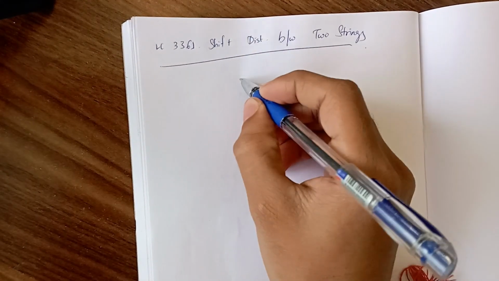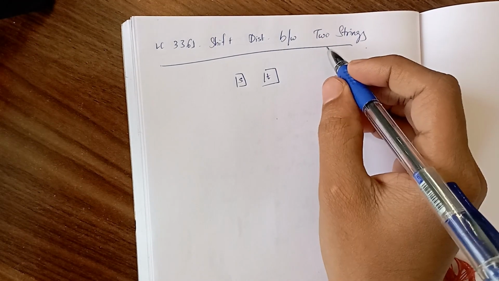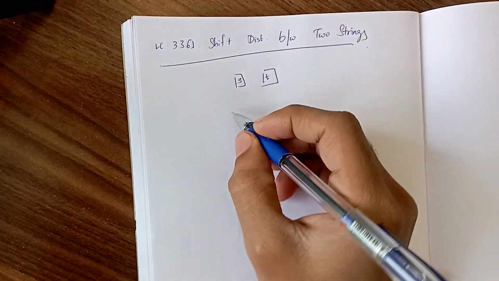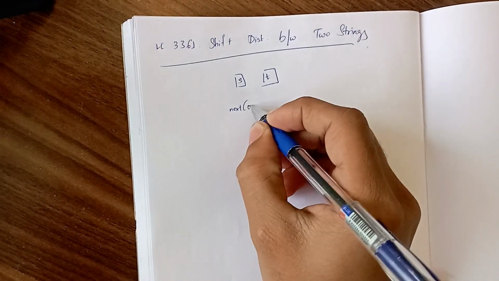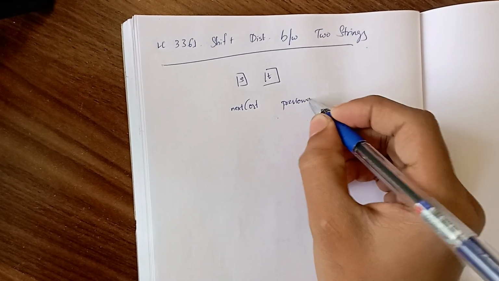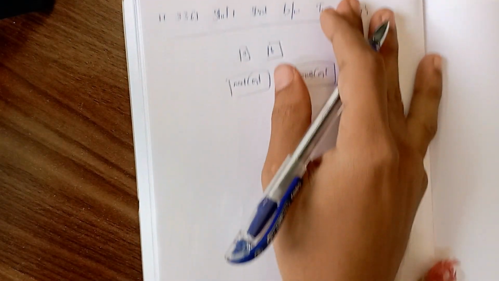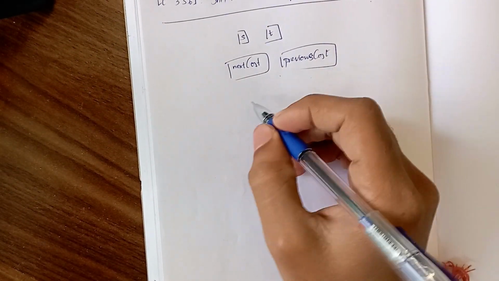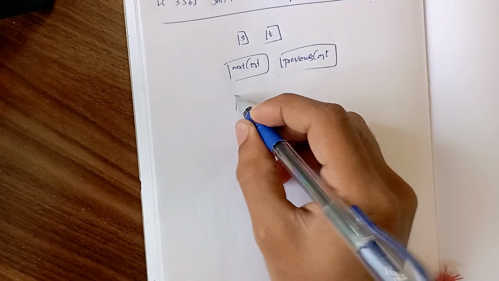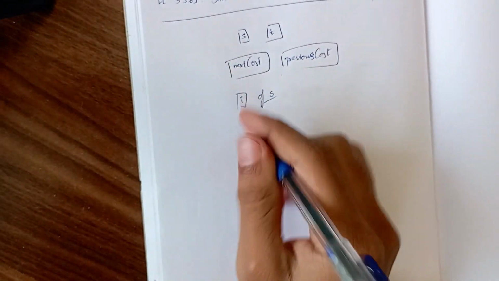Here we are given strings S and T of the same length and two integer arrays, next cost and previous cost. In one operation, we can pick any index I of S and perform either one of the following actions.